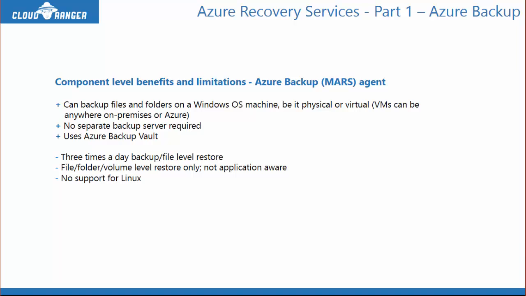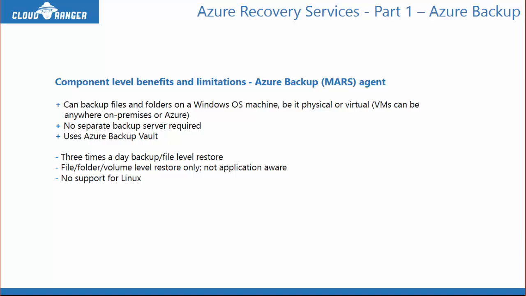It will be able to back up your files and folders from anywhere, right? There's no backup server required. This is a solution right out of the Azure portal, so you'll notice that it will not require any installation of any backup server anywhere. It's just an agent that gets deployed, and it will use the Azure Backup Vault as the endpoint, or the storage for all these backups, okay?